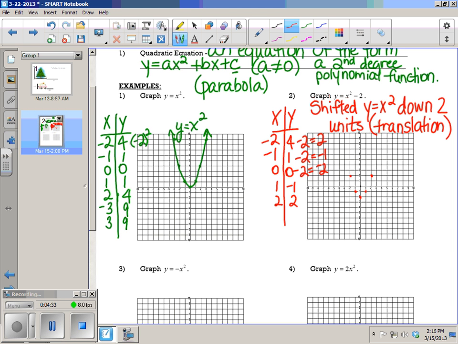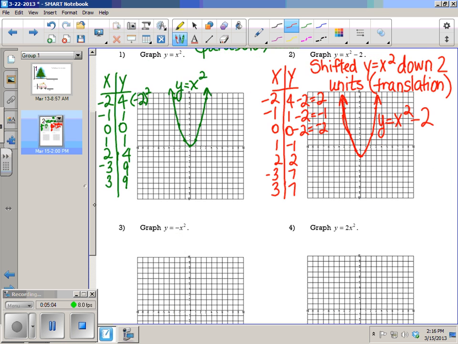I did do that last year. I can also do -3 and +3. If it's a shift down 2, that means I'm going to have values of 7 and 7. So my parabola looks like this, a nice U shape. And I'm going to label it y equals x squared minus 2. So it shifted, or slid, the graph down 2.